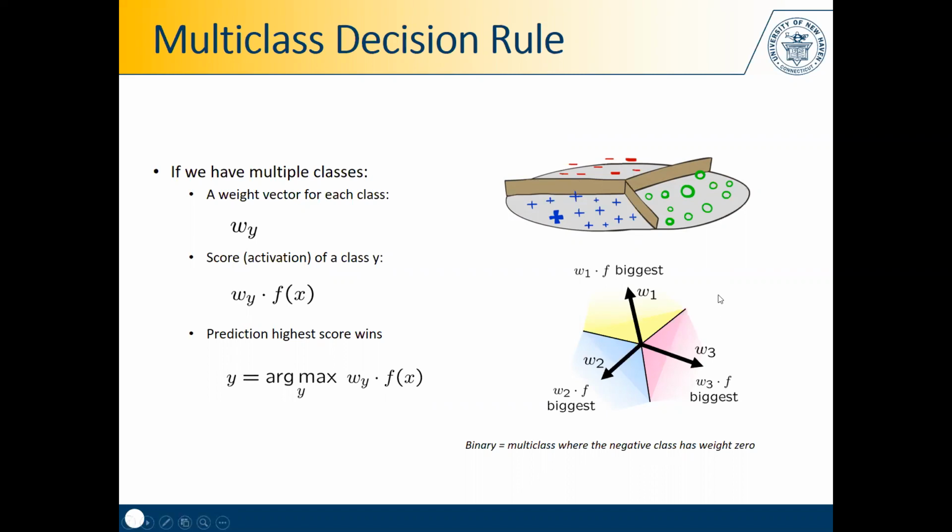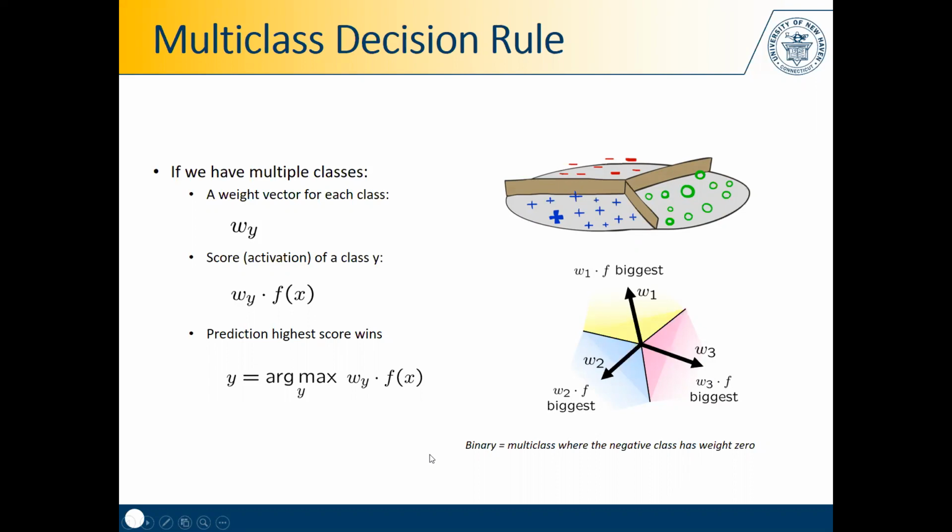Well, this is a relatively decent representation. So we can say everything that falls in this region of this three-dimensional space belongs to the second class. Everything that falls in this region belongs to the third class, and everything that falls to this region belongs to the first class.